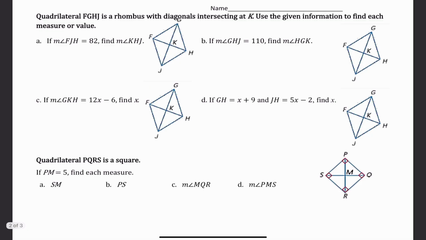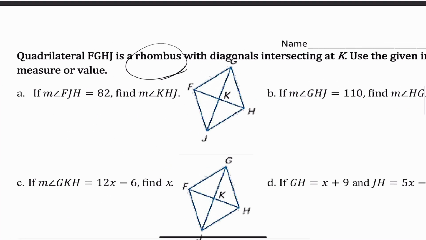Quadrilateral FGHJ is a rhombus with diagonals intersecting at K. Use the given information to find each measure or value. What's something that we know about a rhombus? Well, a rhombus, of course, is a parallelogram. It has four congruent sides.